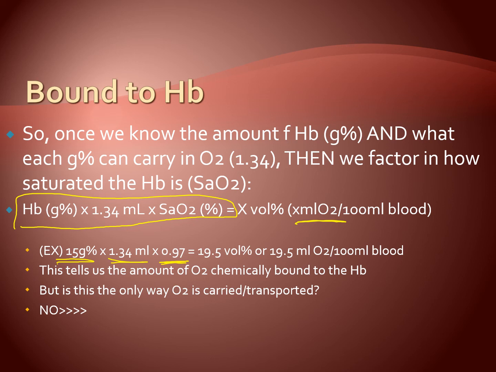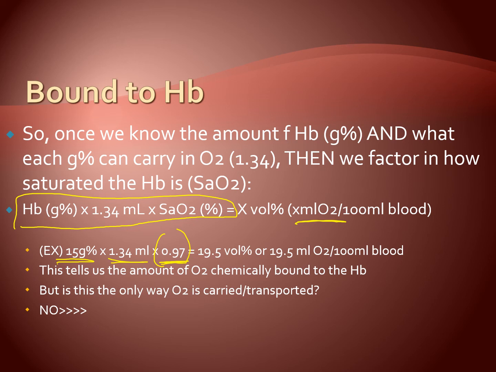Notice here's a place where people make mistakes. They put the saturation as 97 instead of 0.97. If it was 0.85, that would be 85% saturated. If it was 0.35, it would be 35% saturated.